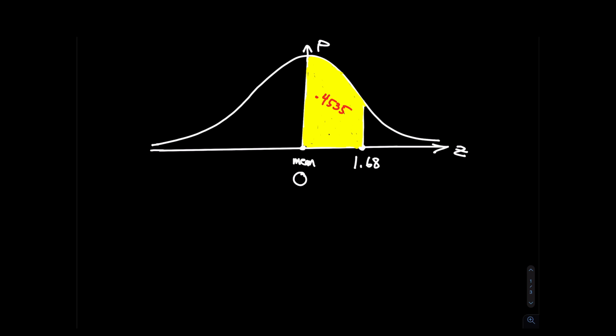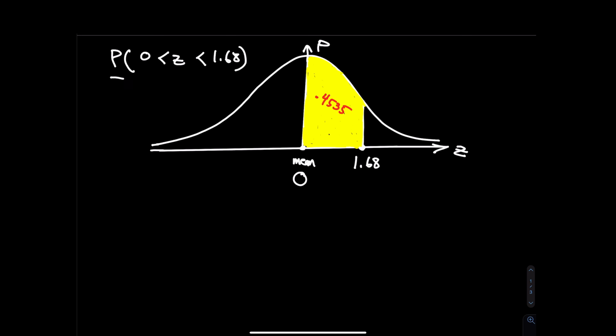Now, if I were to write that as a mathematical problem, a question and an answer, the question would be: find the probability that z is between 0 and 1.68. And that's how you read it. A lot of us read this as P(0 < z < 1.68), which is kind of funny. You don't read this left to right, guys. You read this holistically.